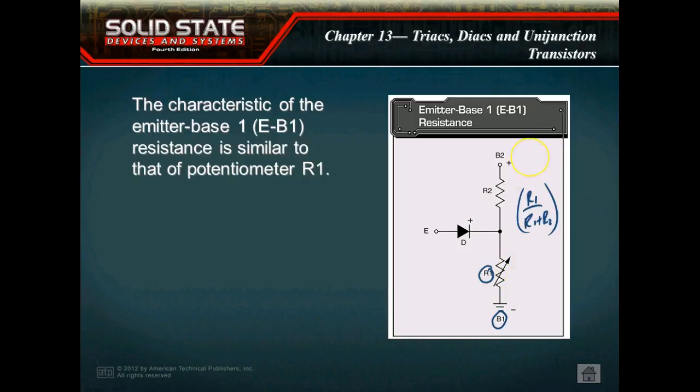And where this thing fires is, you come up here and take whatever voltage you apply. So let's say we put 12 volts, and the intrinsic standoff ratio is 0.3. Well, I could calculate this voltage.